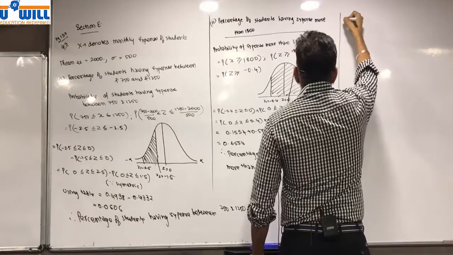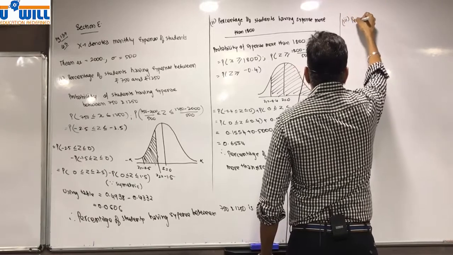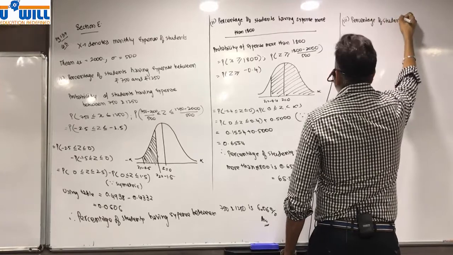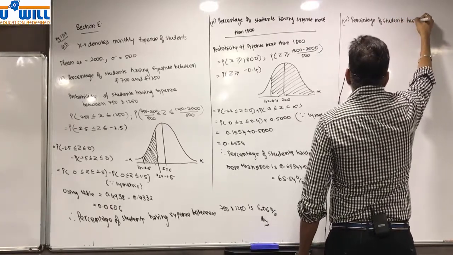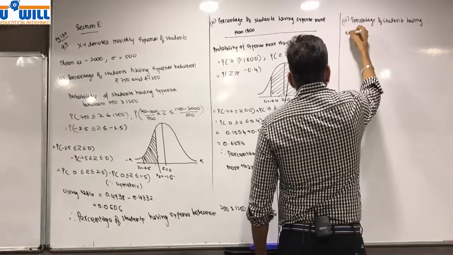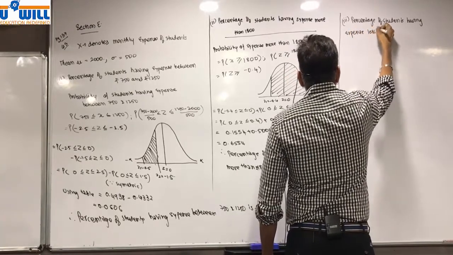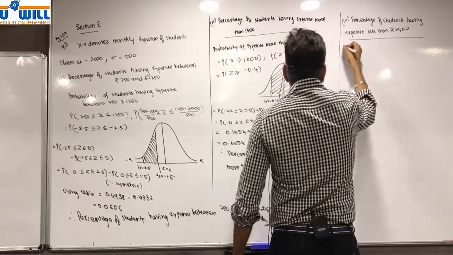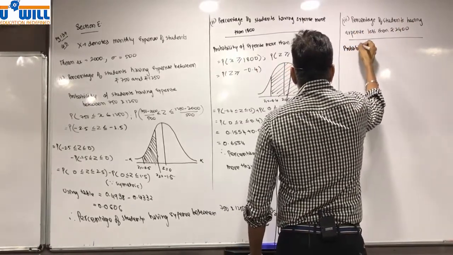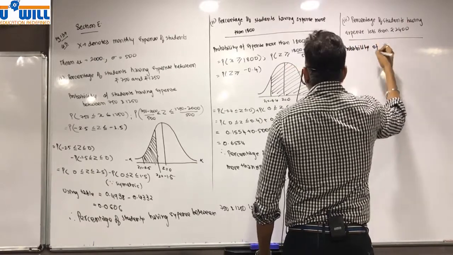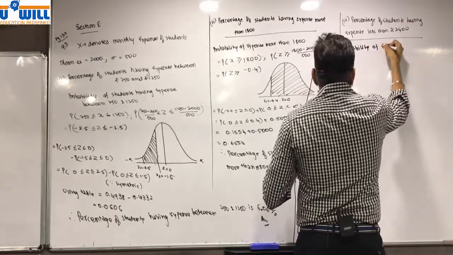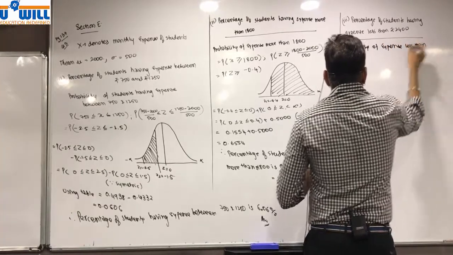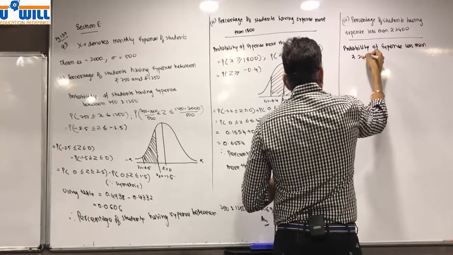Third one, percentage of students having expense less than rupees 2400. First we find probability of expense less than rupees 2400.